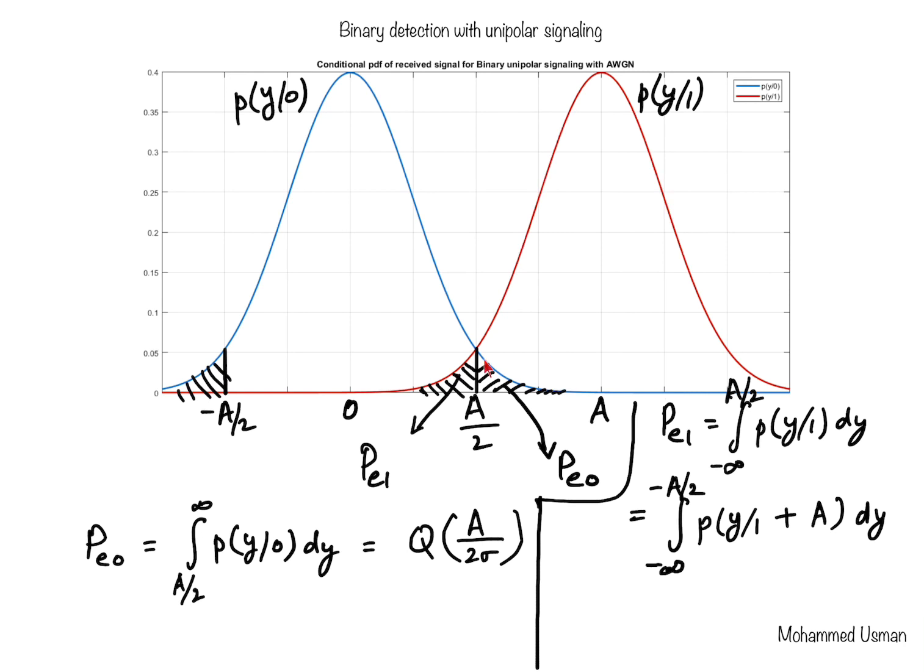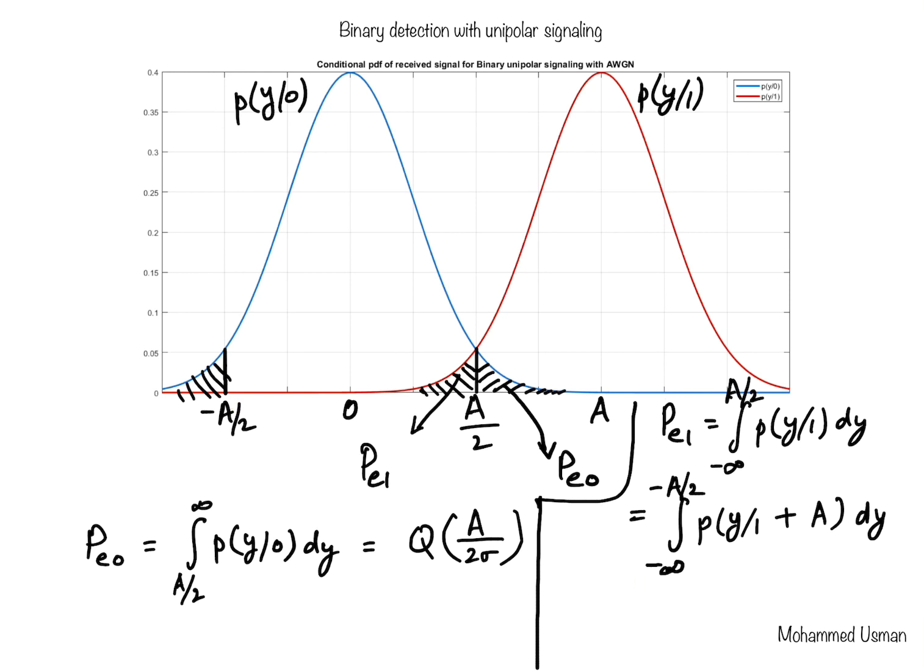So by the symmetric nature of the Gaussian PDF, now it's like the PDF centered on 0, but the area computed to the left of minus a by 2 is the same as the area from a by 2 to infinity, because the Gaussian PDF is symmetric about the mean value 0. So this area is the same as this area, which is basically equal to Q of a by 2 sigma.